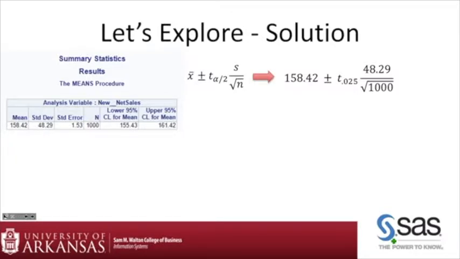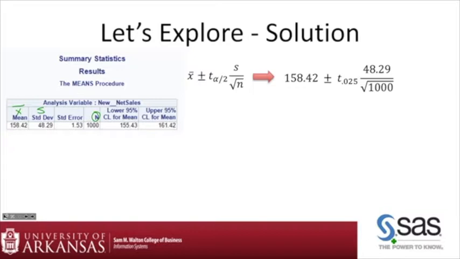So I've already showed you this. This was the output from when I was introducing. Okay, we have our mean, x bar. We have our standard deviation. We have our sample size.